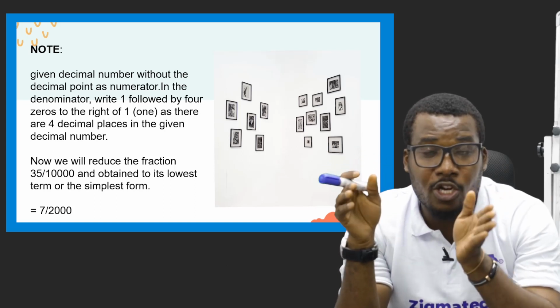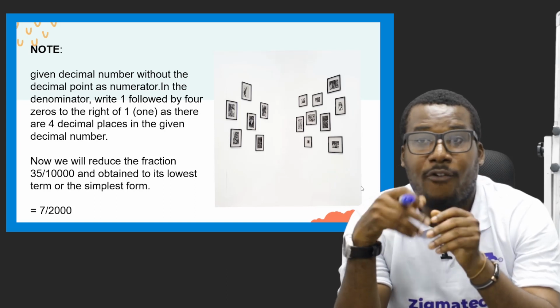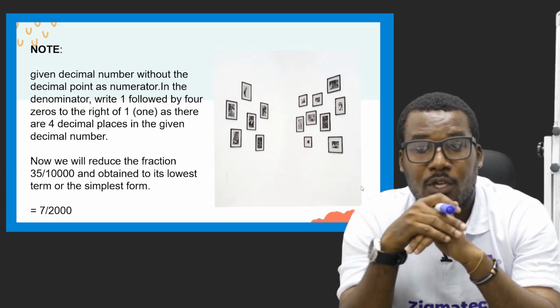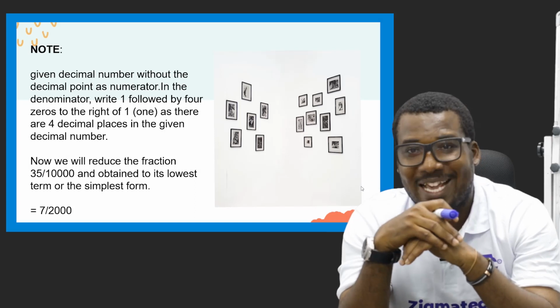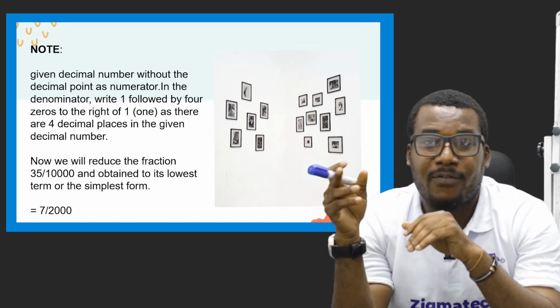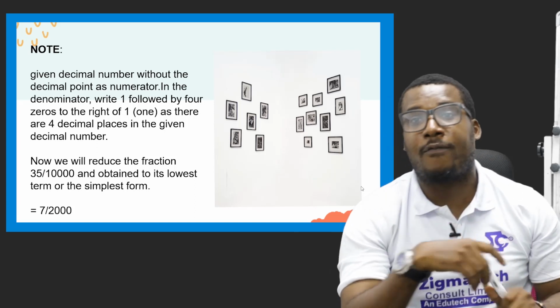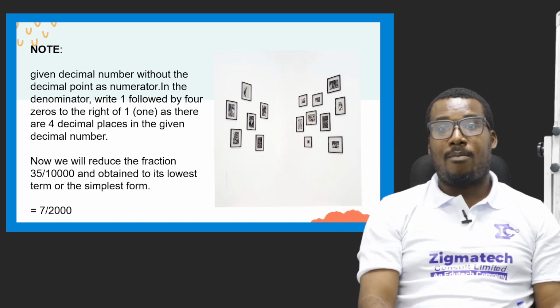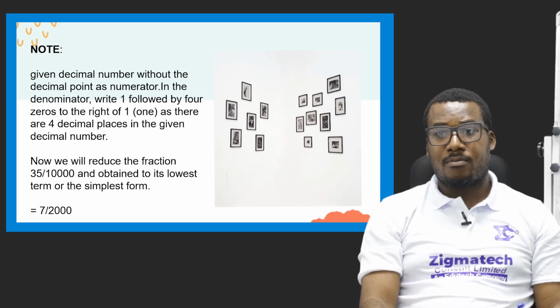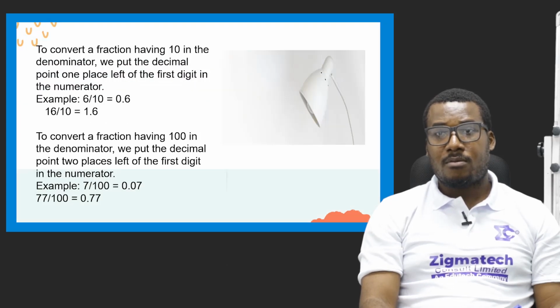At the denominator place, you put 1, followed by how many times you have moved or counted your decimal point out. If it's 4 times as we just did, put back your 4 zeros. I hope that is clear enough for us to understand. So we can move to the next point.